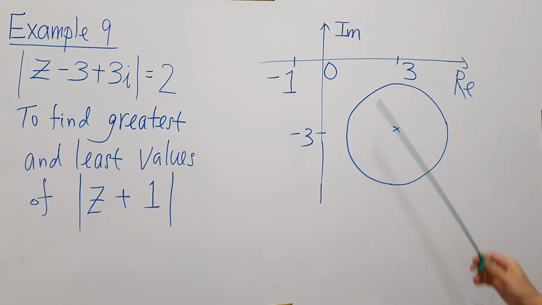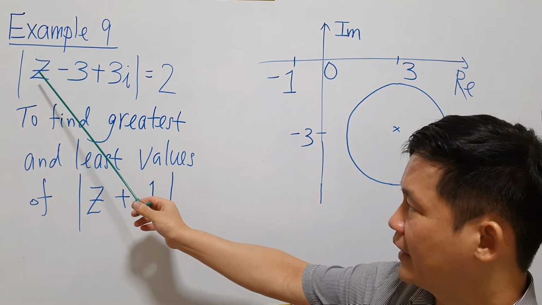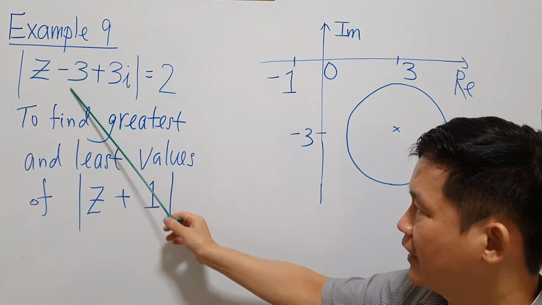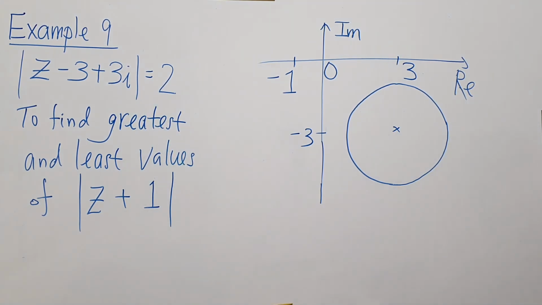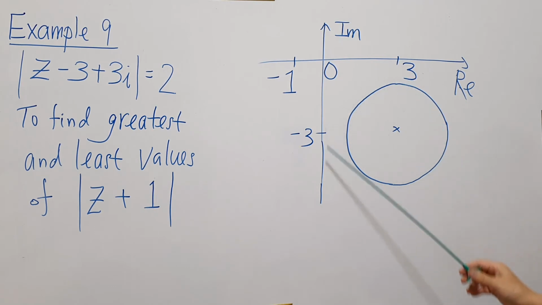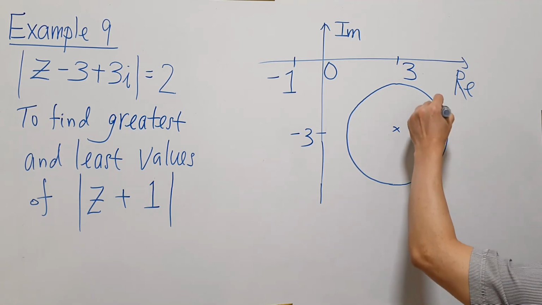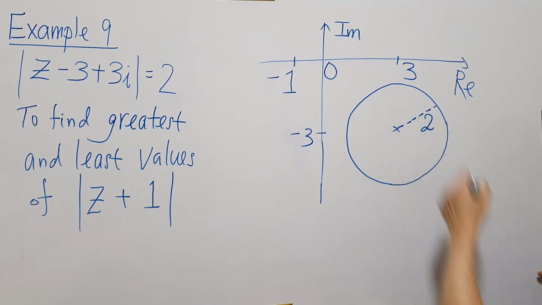Be very careful, it is 3 minus 3i, because if you were to write this as z minus open bracket 3 minus 3i close bracket, this is how you have the center of the circle here. And this tells you the radius. So this is a circle centered at 3 minus 3i, and the radius is 2. Let me indicate that the radius is 2.